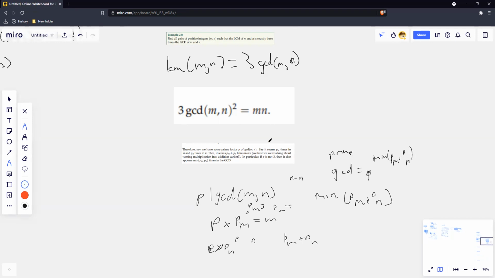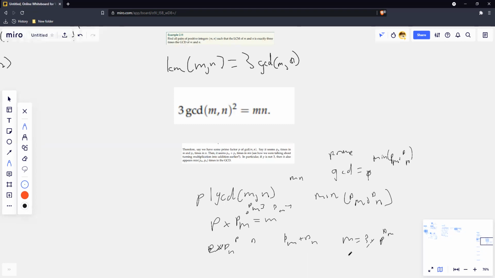So basically what we did here, let's say that we have prime factor p of GCD(m, n), and using the definition of GCD, it has p a times in m, because that should be at least one. So let's say m is equal to something times p to the power of a. So it's part of its prime factorization.